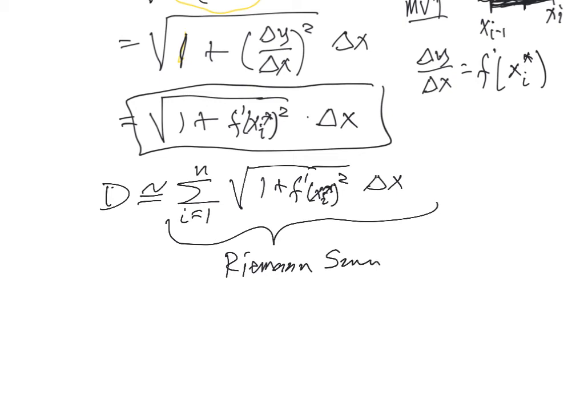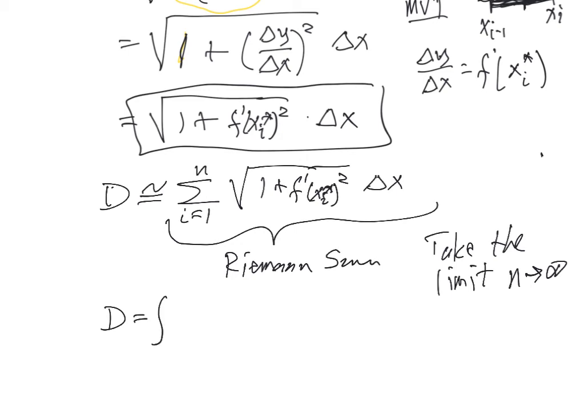And therefore, if we take the limit as n goes to infinity, we get the integral. In the limit, the error goes away, and the distance is exactly equal to the integral across the interval a to b.